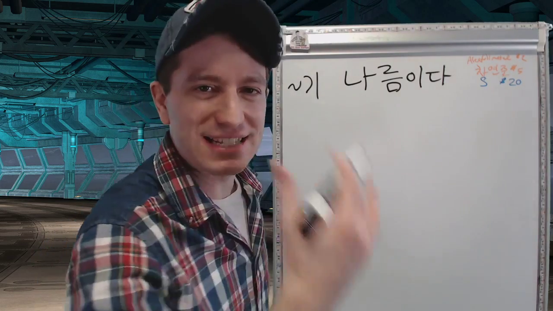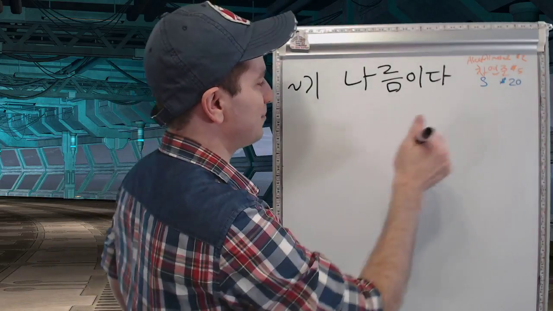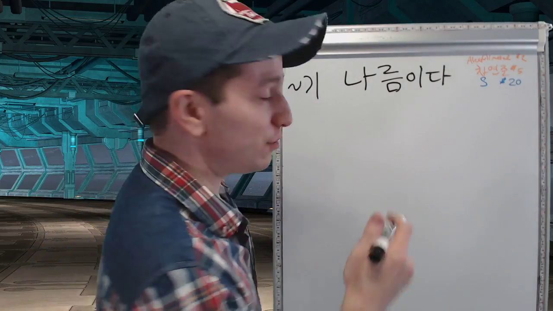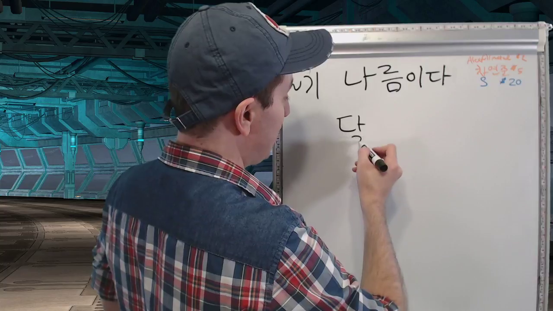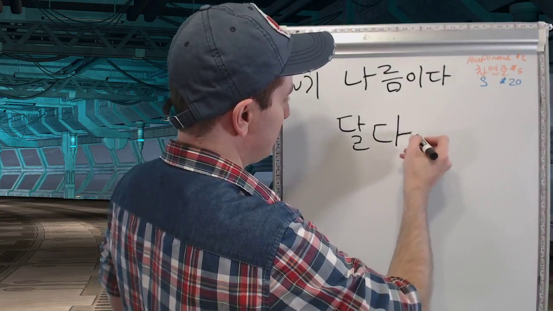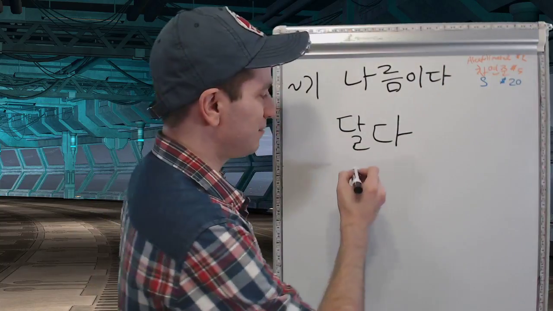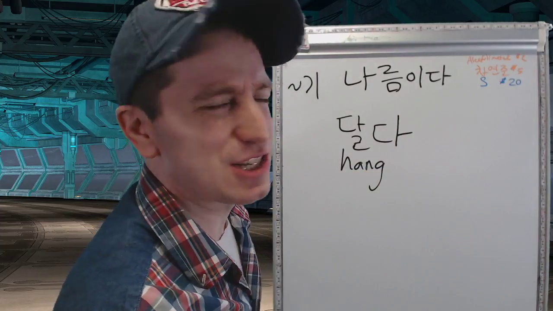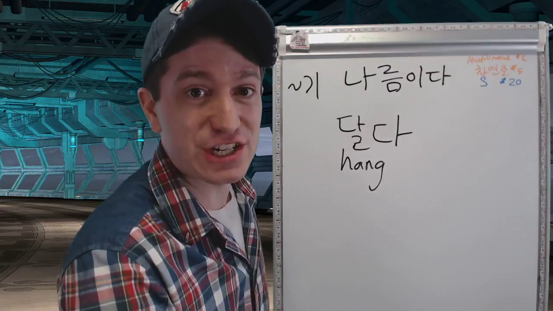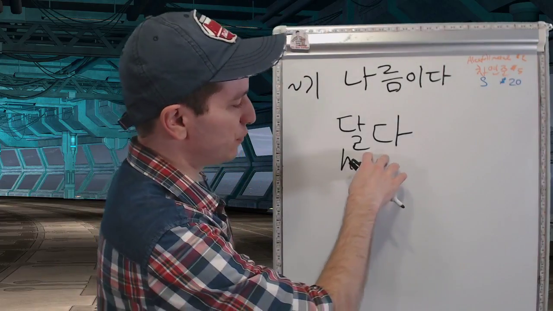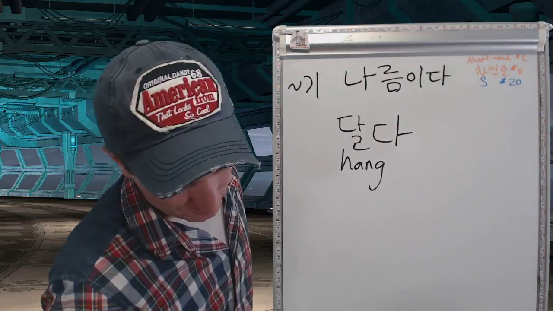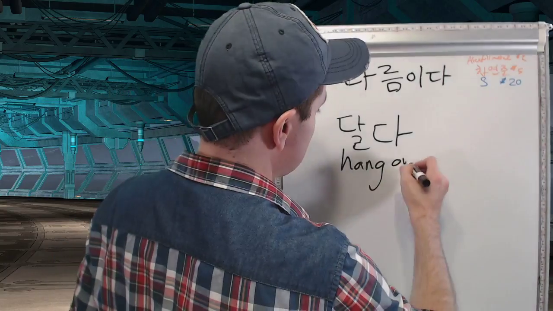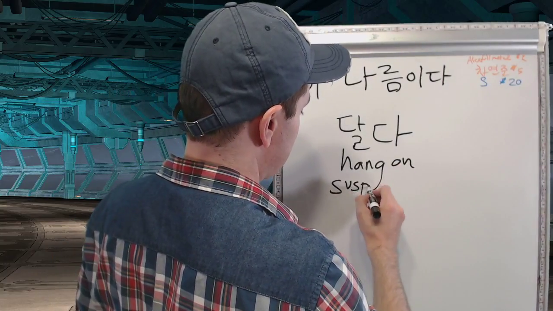It has the same exact usage as naramida. And that is the regular verb 달다. Okay, 달다 means to hang. There's another 달다 which means to be sweet. It's not that one. This is an action verb that means to hang on something or to be suspended on.